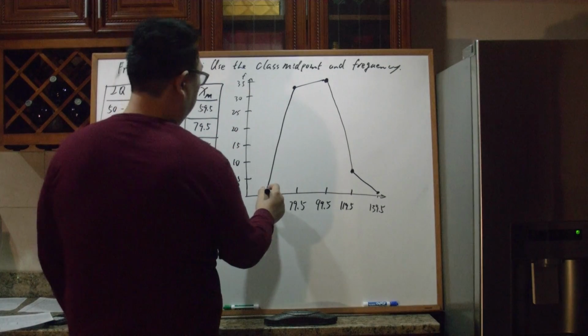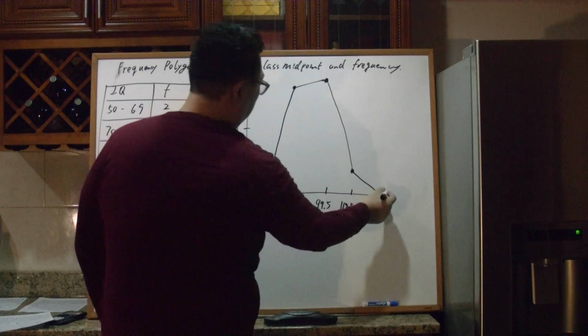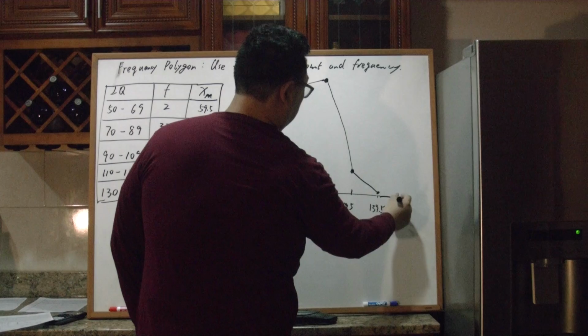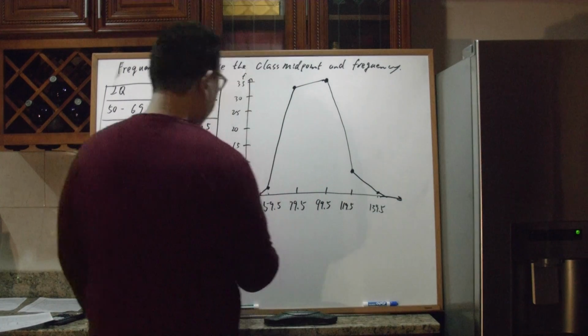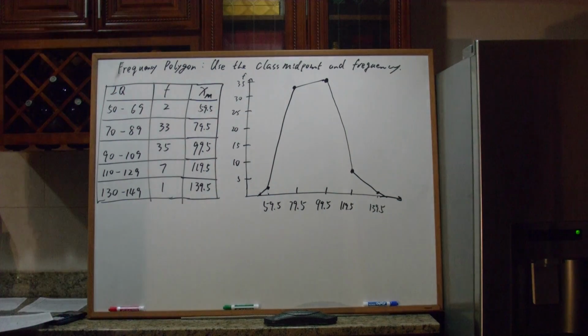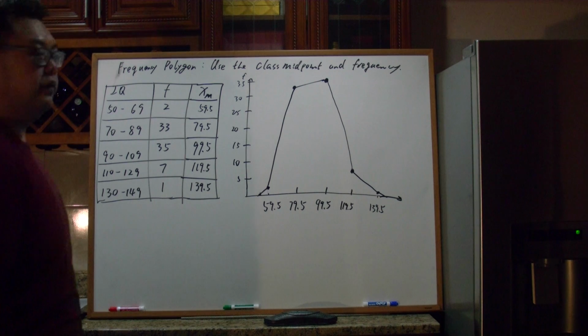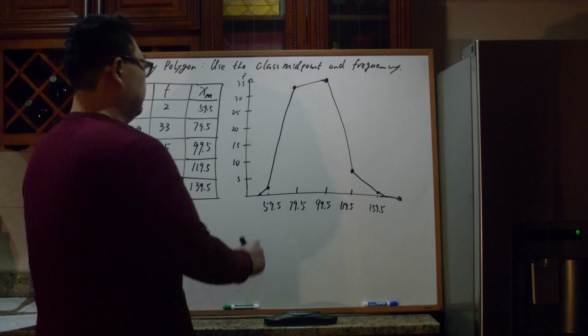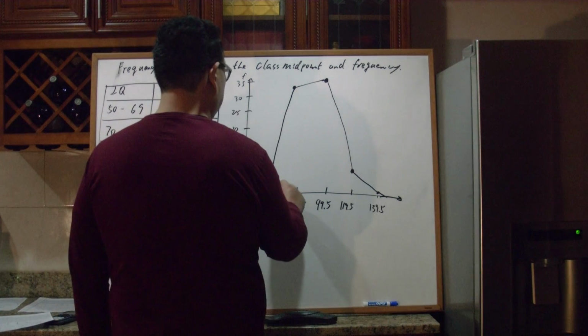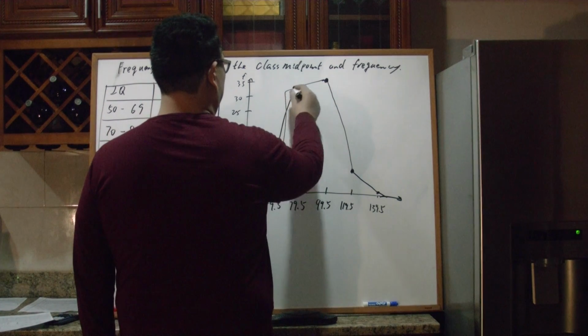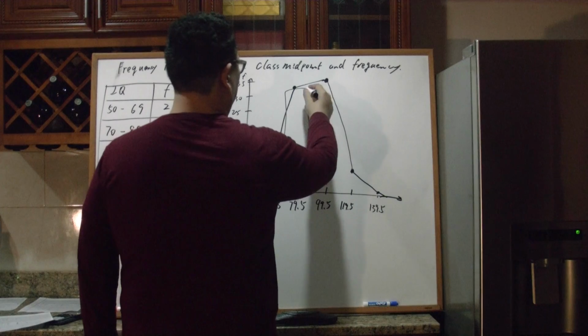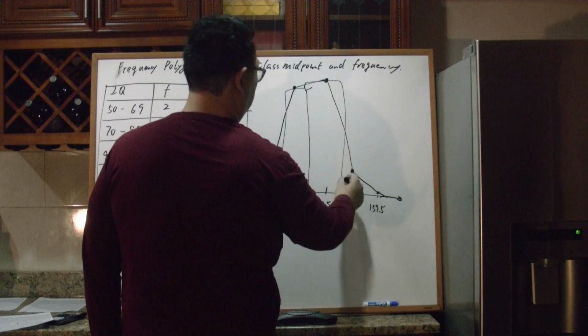Sometimes the graph goes down to the lower bound, attaching the curve to the lower bound and upper bound. Sometimes they don't go down. If we draw the graph together with its histogram, that is our histogram of each class.